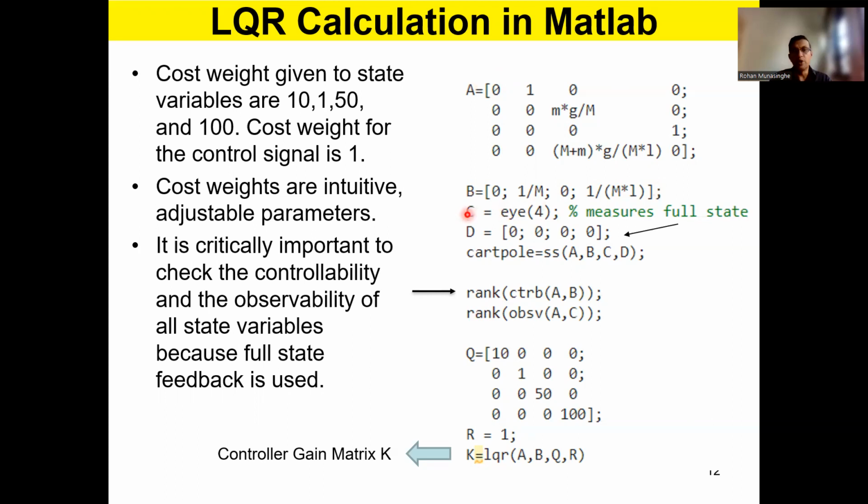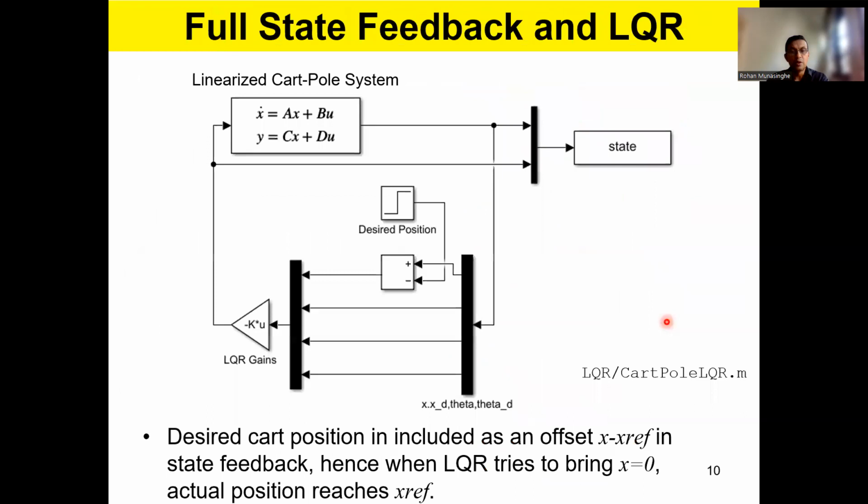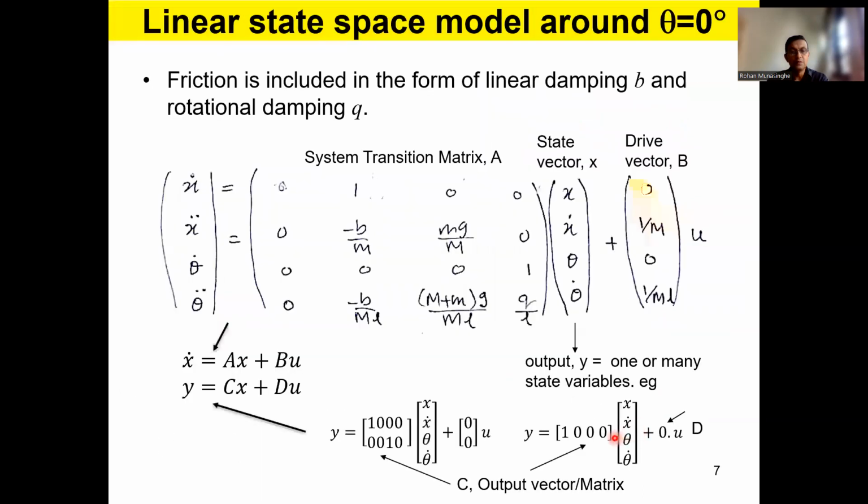C is the output matrix, and for a linear quadratic regulator or state feedback controller, you need all 4 states measured and available for feedback. Therefore, C has to be an identity matrix, a 4 by 4 matrix with all diagonal elements 1. Remember, if I pedal back, we had this earlier: this is the output matrix.